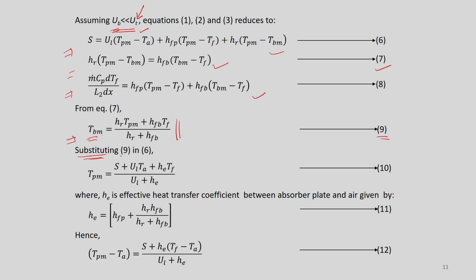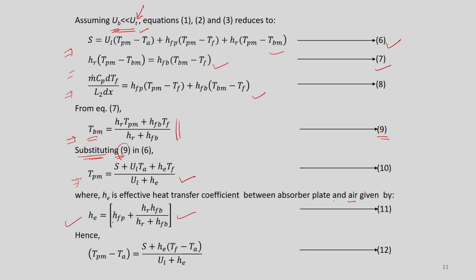If we use this T_bm in equation 6, then T_pm will be something like this, where h is the effective heat transfer coefficient between the absorber plate and air, which is given by something like this.